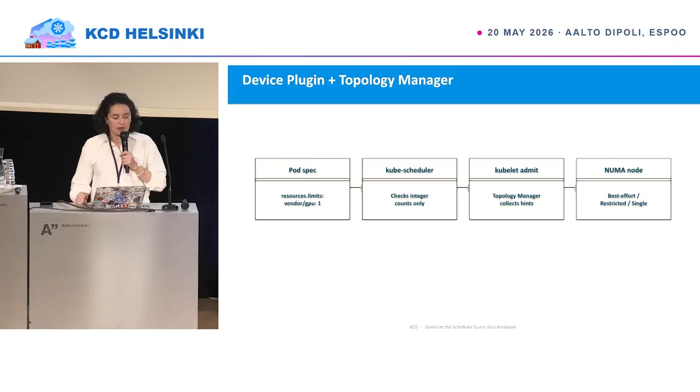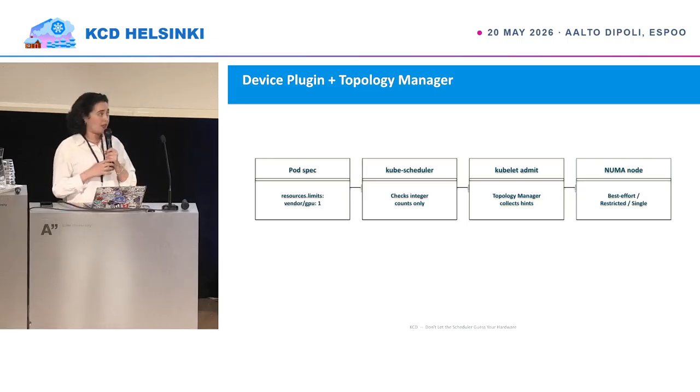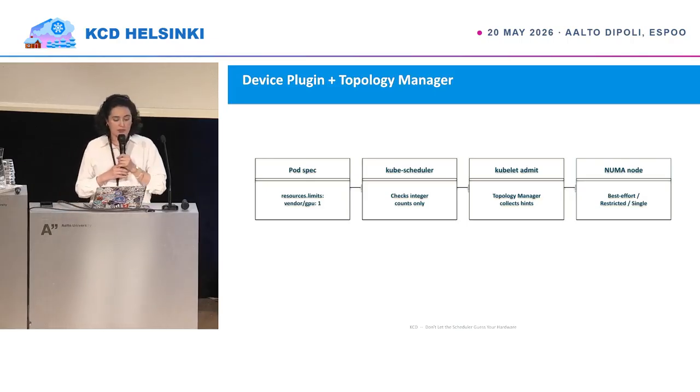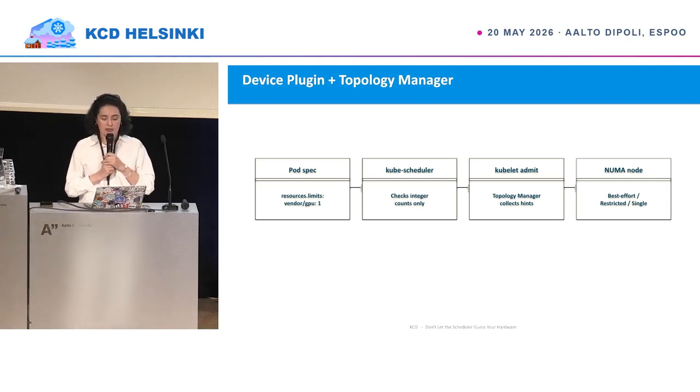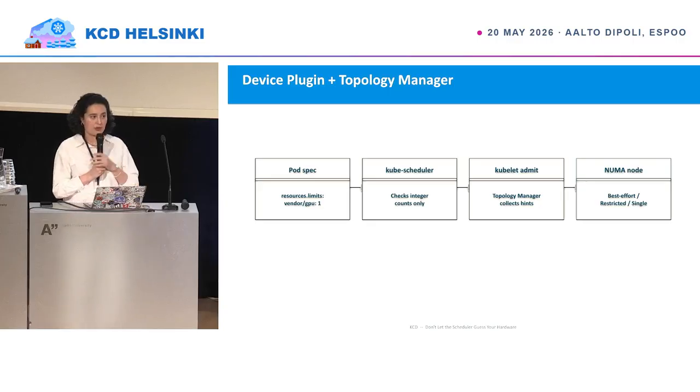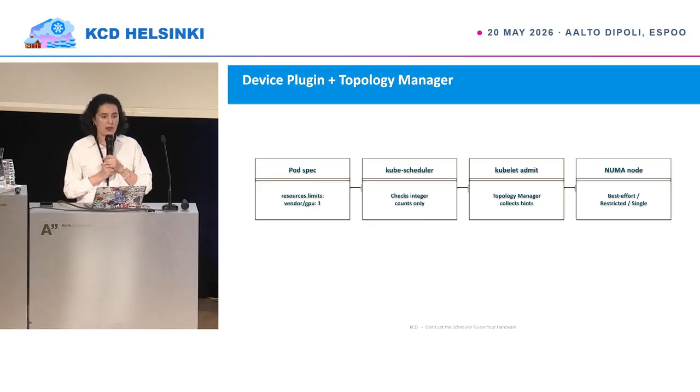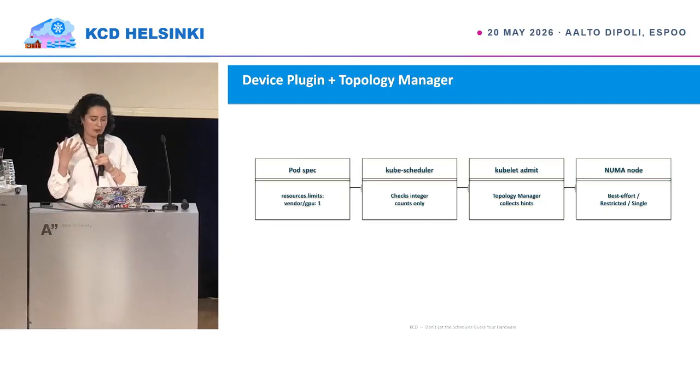Another strategy to fix this issue is to use the device plugin with topology manager, and this approach works in two disconnected phases. In the first phase, the Kubernetes scheduler still picks the node based on counters, available resources somewhere in this node, and then binds the pod.